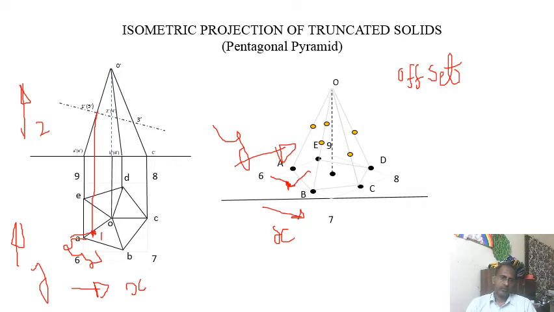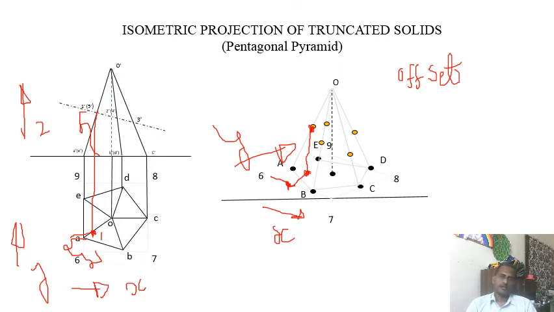So I think you got the point. So once I get this particular point, I have to get the height of point 1, that is this distance from the front view, and from here for that particular height, drop a line upwards, you automatically get this particular cut point.